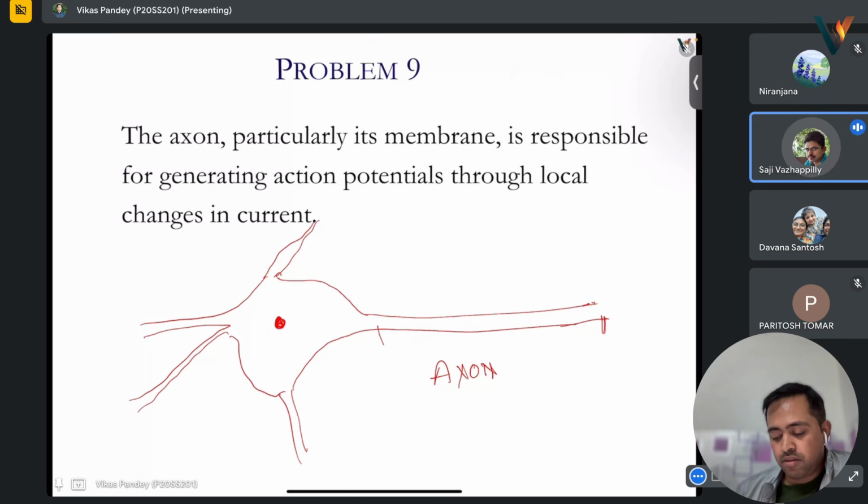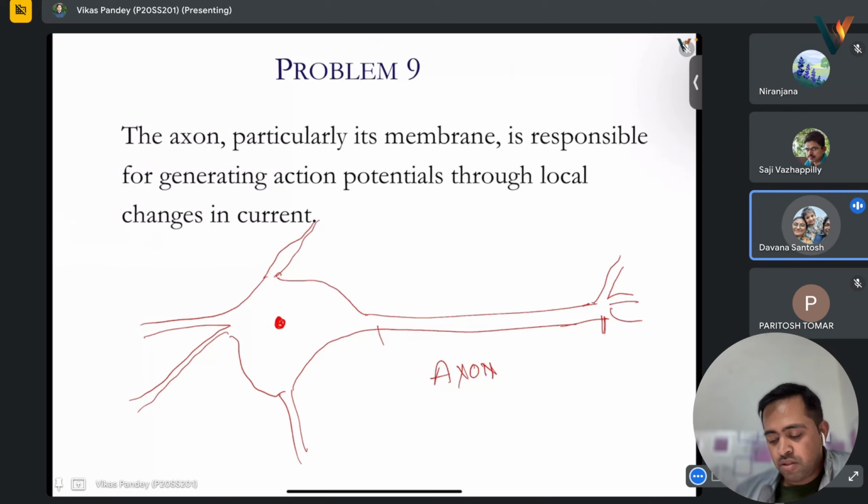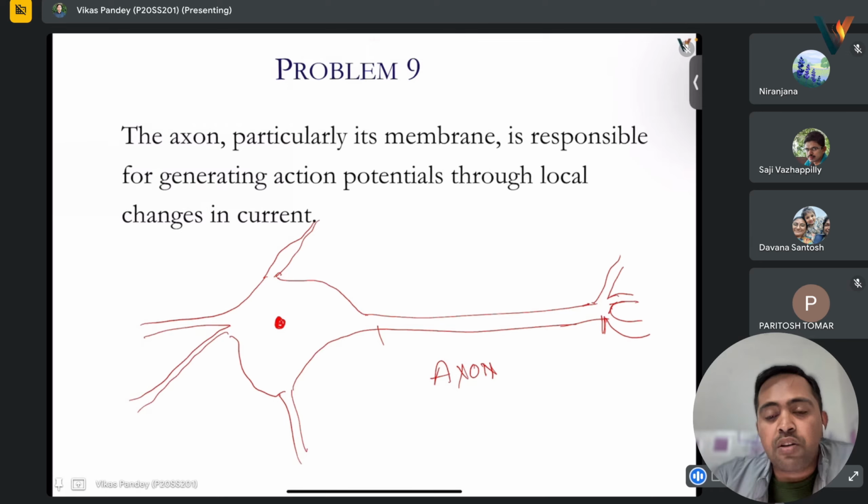And the end of the axon is known as this one. The initial part of the axon is known as the initial segment of the axon, which would be the more apt answer.